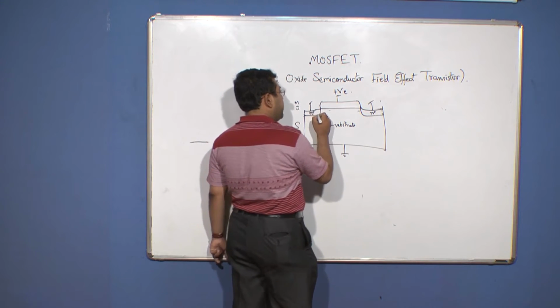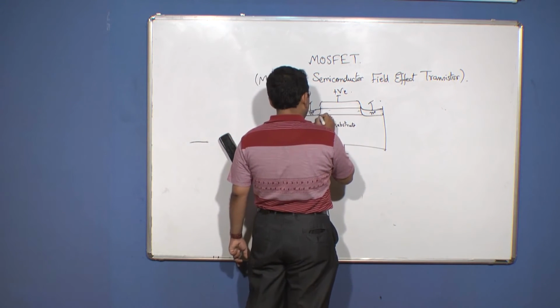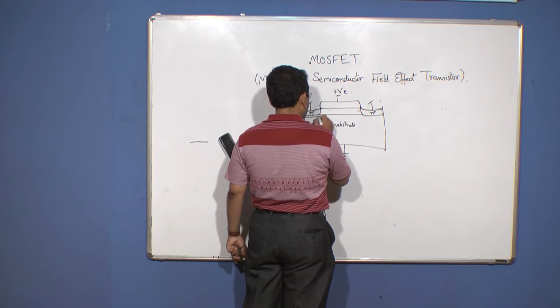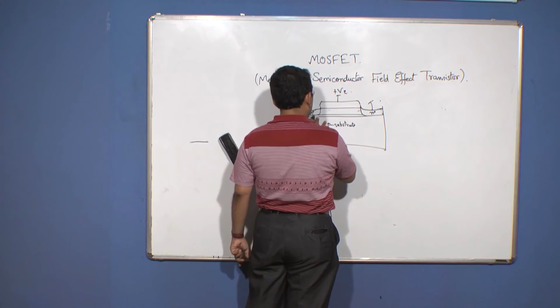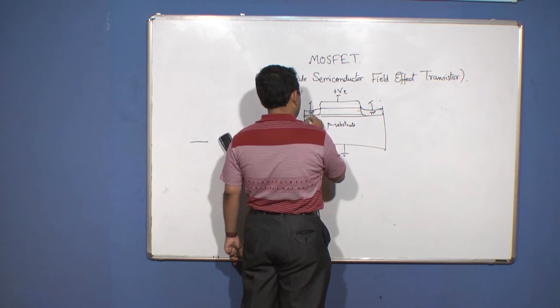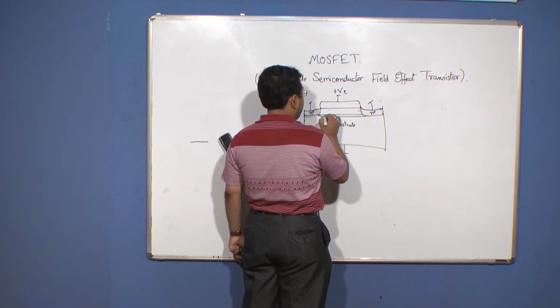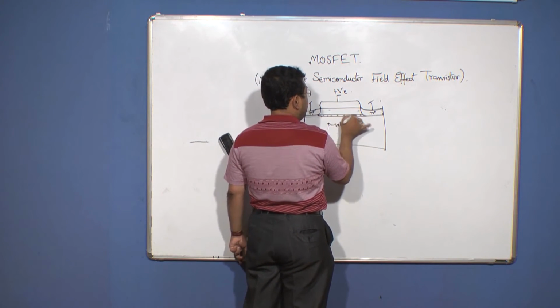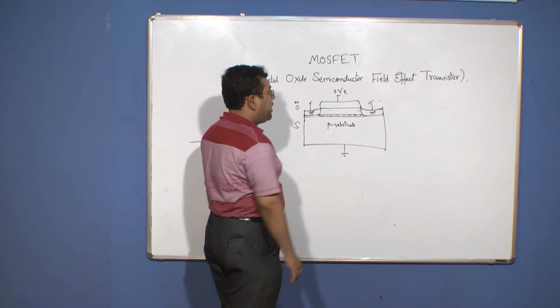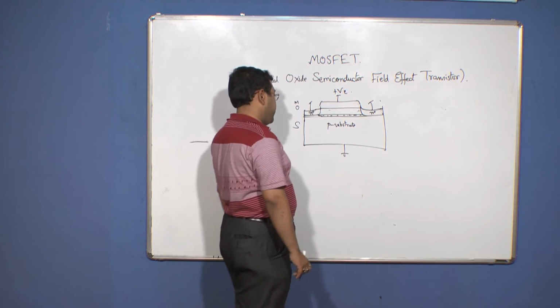As soon as you overcome the threshold voltage, you have an n channel being formed between the two n diffusion regions. So, you are basically having a sheet of negative charges being formed, and thus the strong inversion takes place.